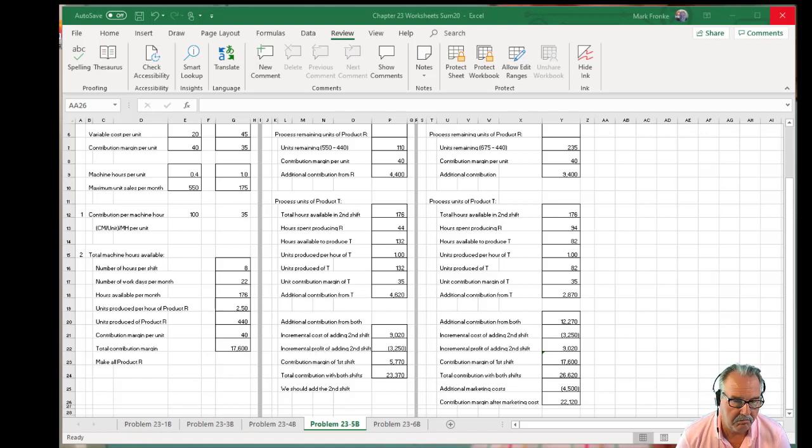So in this particular problem, we should add the second shift, but we should not do the marketing plan. What's happening is the additional marketing cost of $4,500 is not offset by the additional contribution that we would generate from doing this marketing plan.